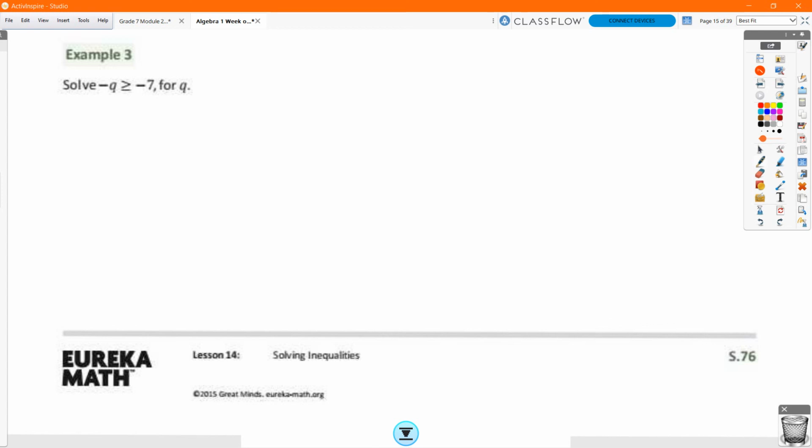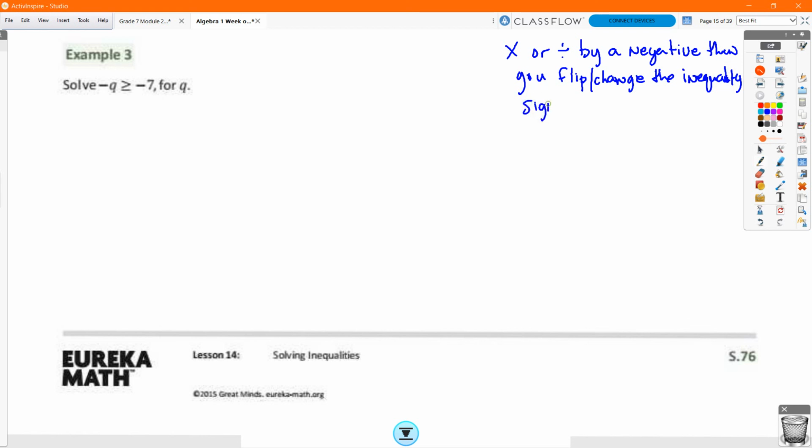And I need you to remember this: whenever you multiply or divide by a negative coefficient, then you flip or change the inequality sign. Sorry about my handwriting. It's a little crazy right now.